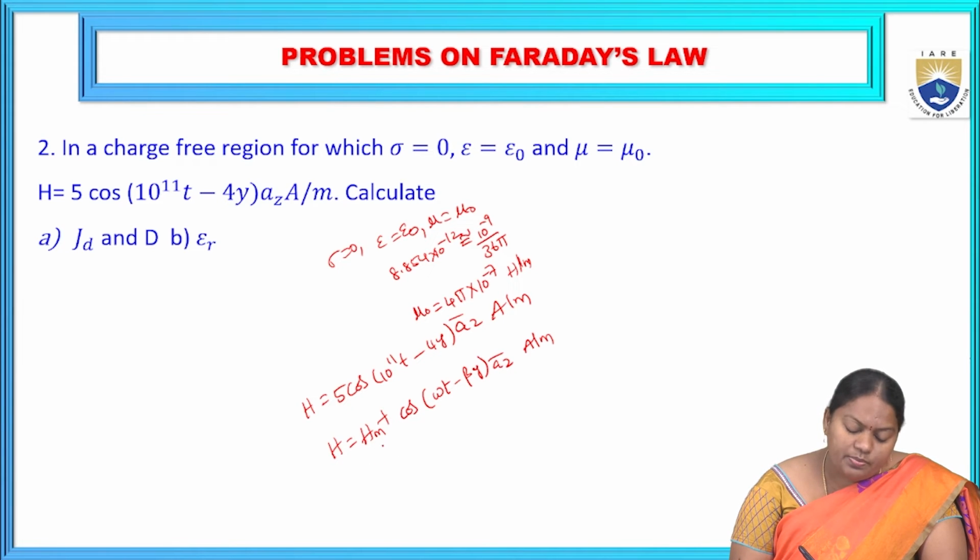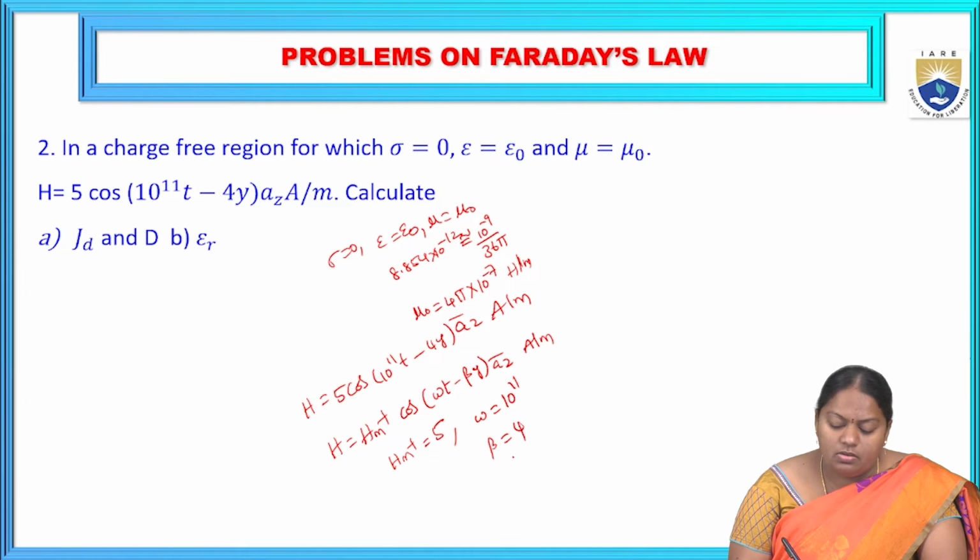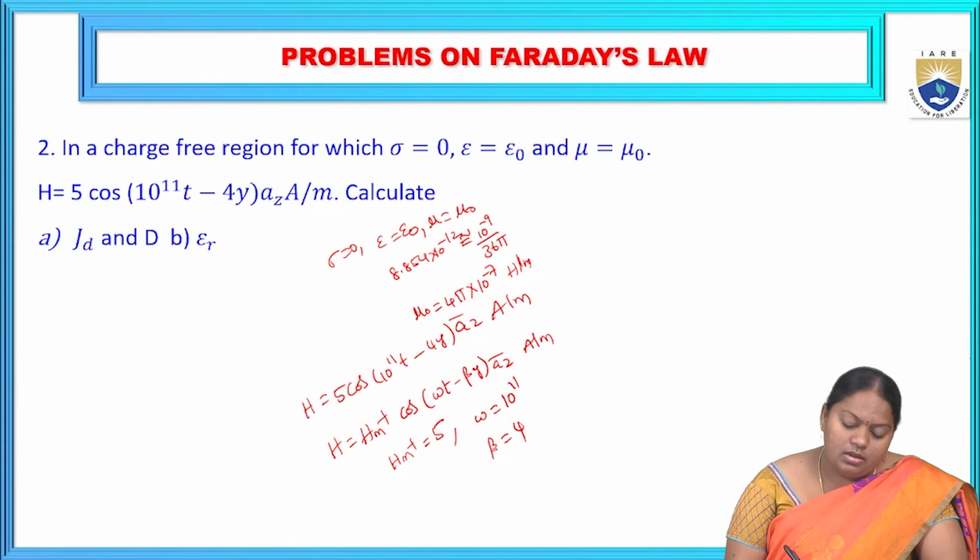From this, the magnitude H_m⁺ is 5, ω = 10^11, and β = 4. This is the way we consider the given data.